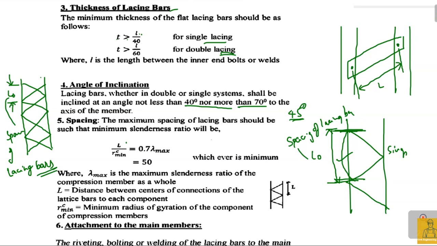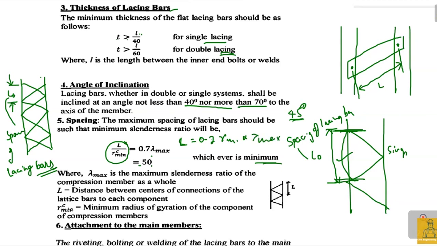Okay, so next, the maximum spacing of the lacing bar should be such that the minimum slenderness ratio should be equal to 0.7 lambda max and 50, whichever is minimum. L should not exceed 0.7 r minimum into lambda max.